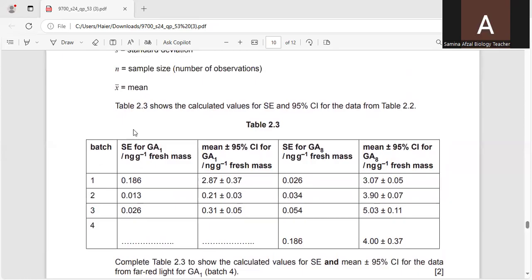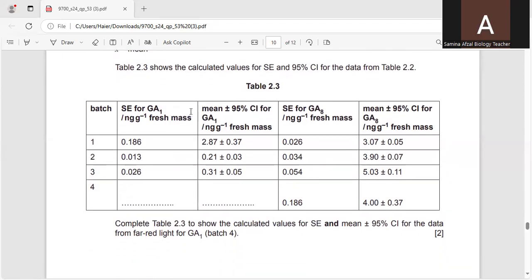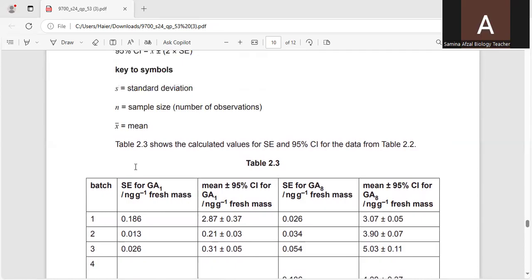In the next table, 2.3 shows the calculated value for SE and 95% CL for the data from table 2.2. So we have to find the values for column 1 and column 2. So complete table 2.3 to show the calculated value for SE and mean plus minus 95% CL for the data from far red light for GA1.